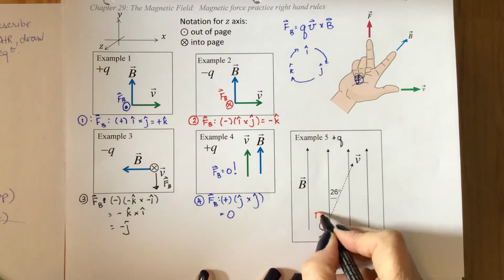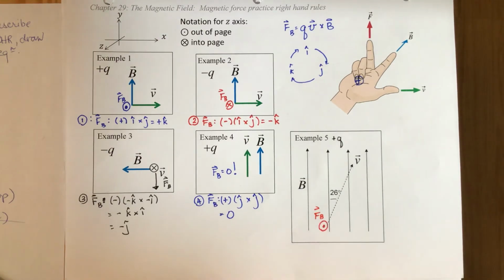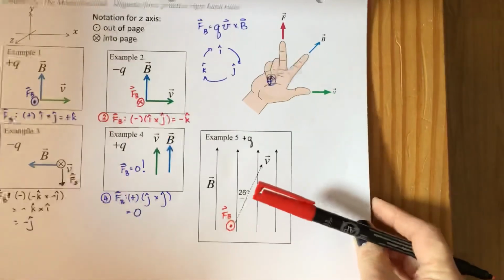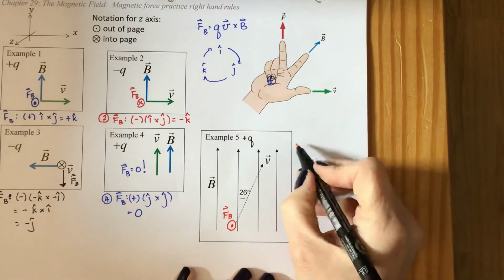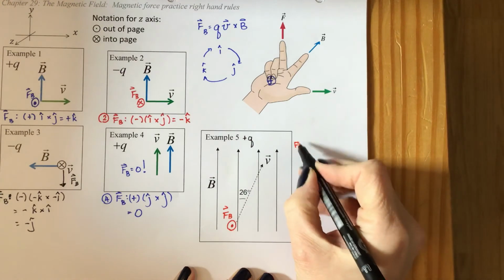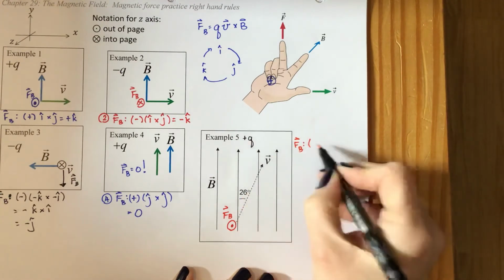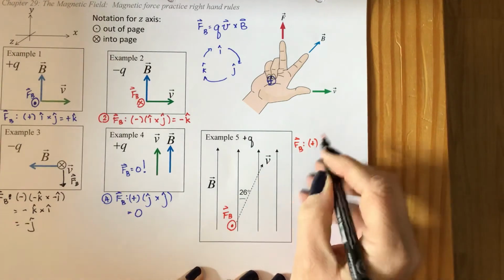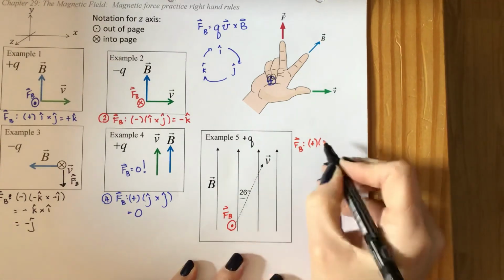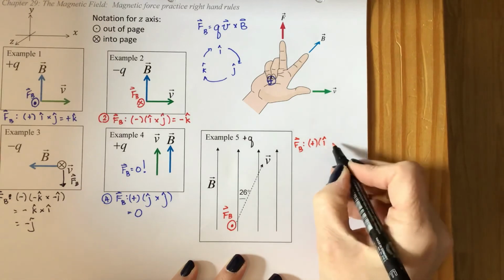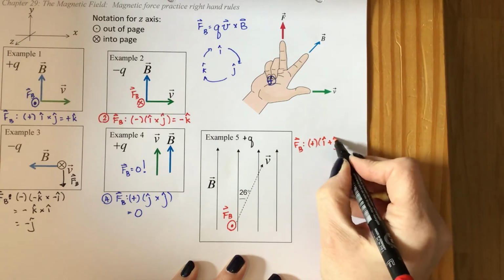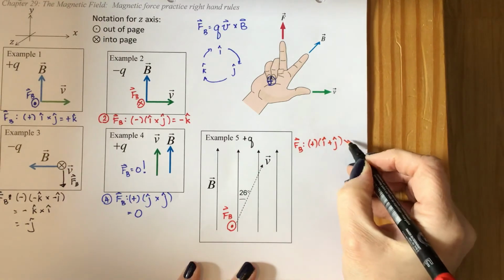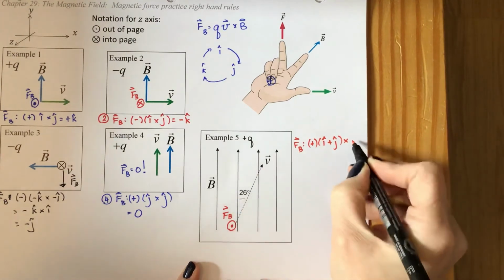And let's do our math to figure that out as well. Let's make sure we got it. So for our magnetic force this time, we have the plus for our sign of our charge, the direction of V. Well, V has two components to its direction. It has an I component and a J component. So the directions are partly I and partly J. That's going to be crossed with the direction of B, which is J. So for this part, we have 2 bits.